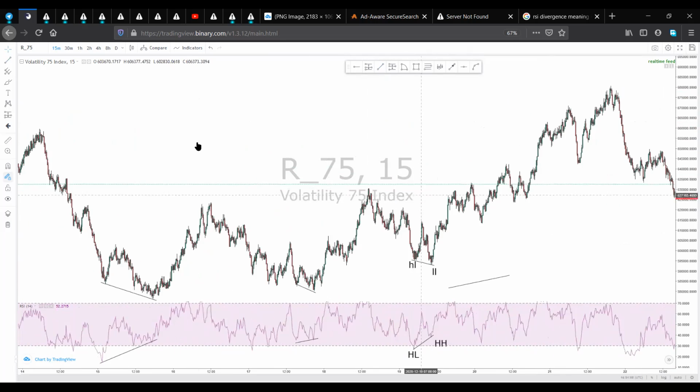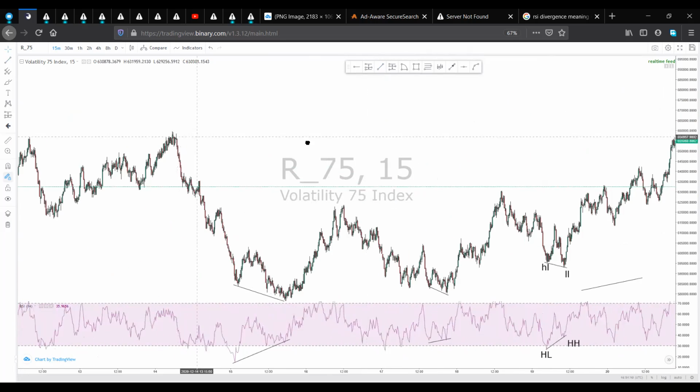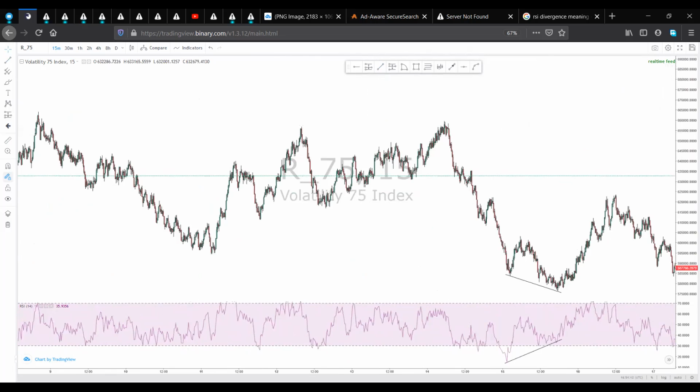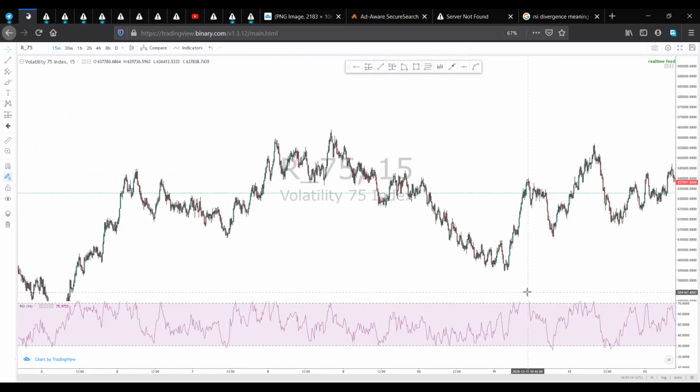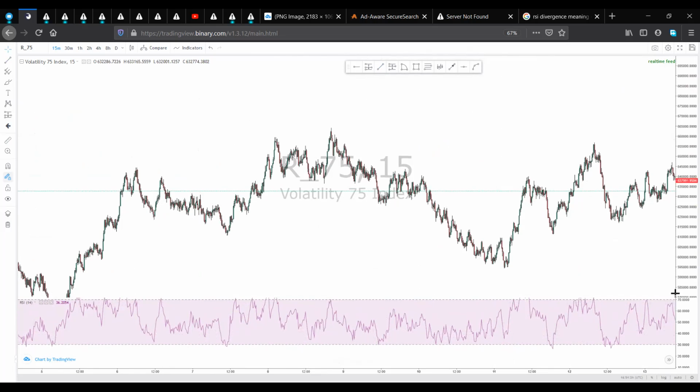Okay, when we are looking for the sells, we want to see how the market moves. On the sell, we are supposed to see the market behave in a different way.